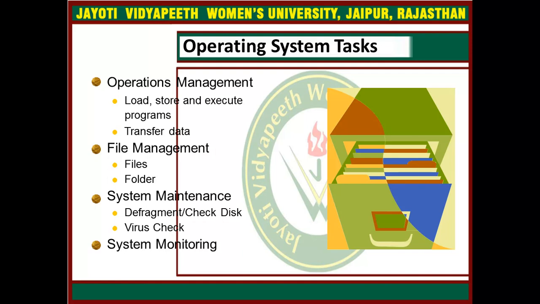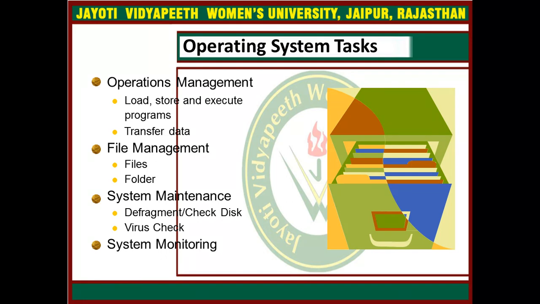So the tasks are the operation management. In operation management, the system loads, stores and executes programs, and it transfers data. This is basically the task of management. And what is the file management task? It is just related to your files and folders, whereas system maintenance is defragment, check disk, and virus check.